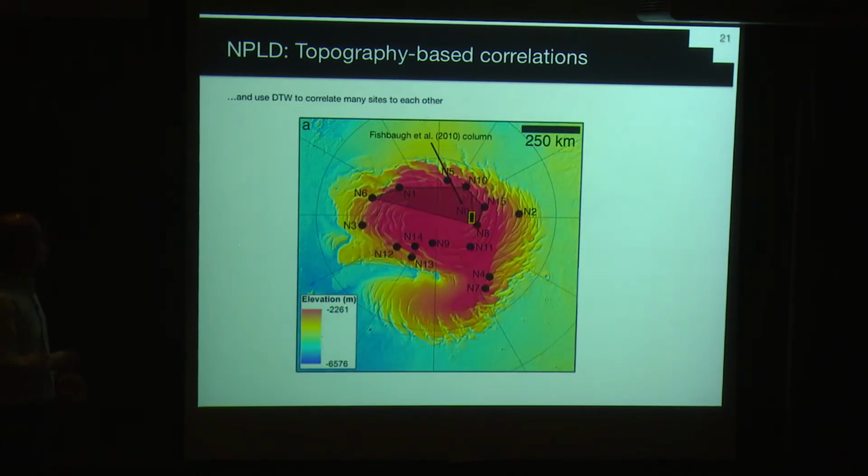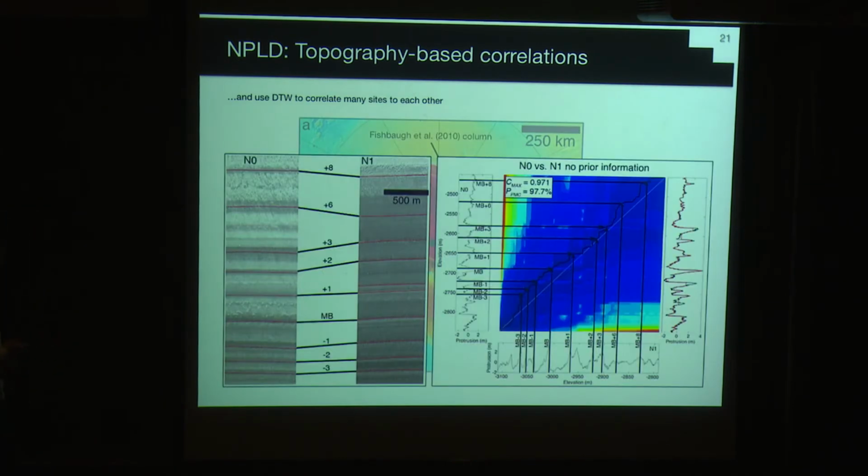And not only that, but the main point of our work was really to try and correlate a number of these sites to each other. And so for that, we tried to trace the layers within CTX images along the same troughs, and then we also used the dynamic time warping that I explained earlier in order to try to correlate these sites to each other.